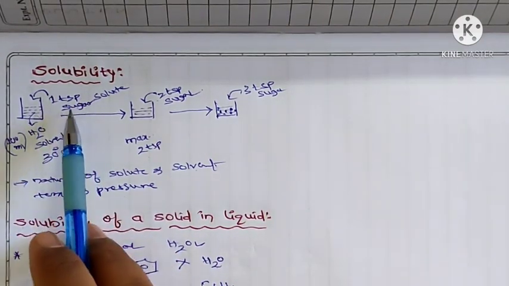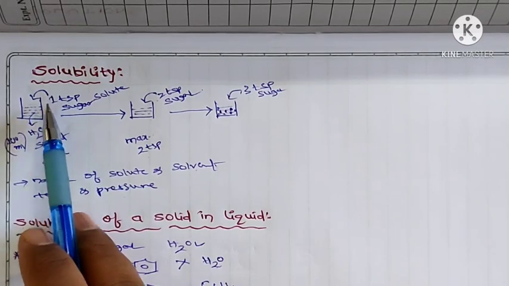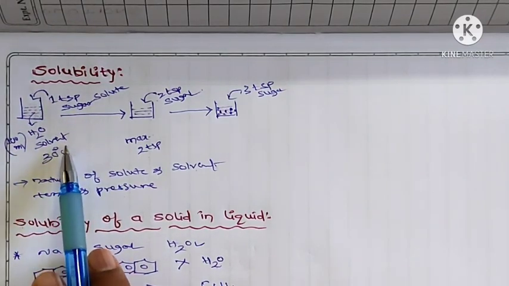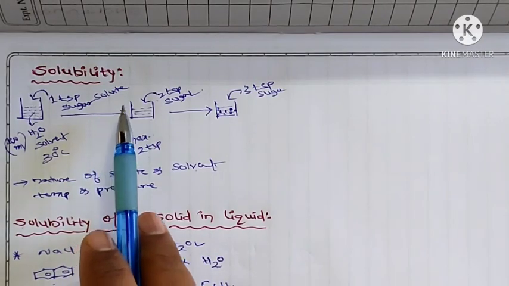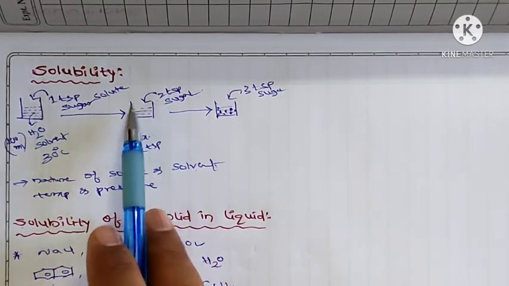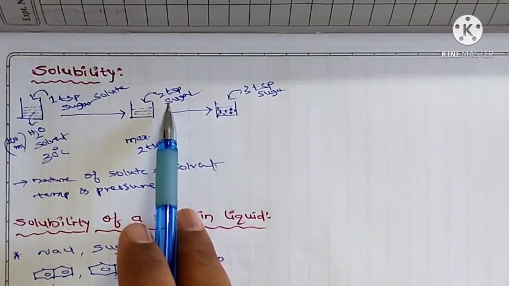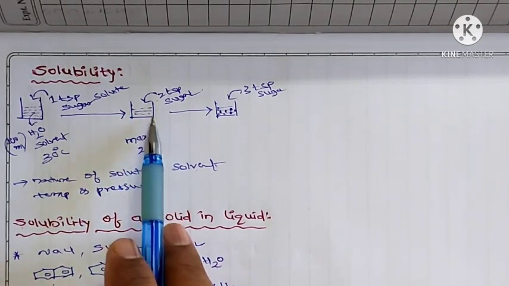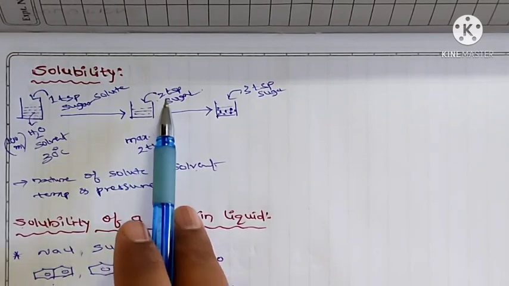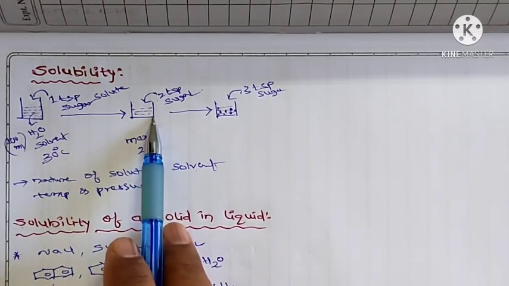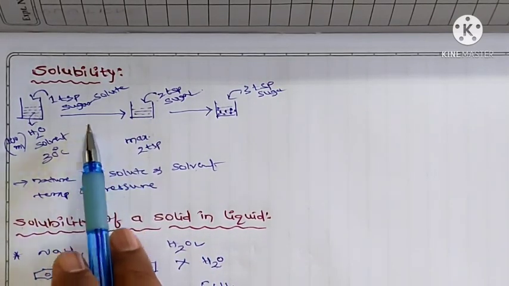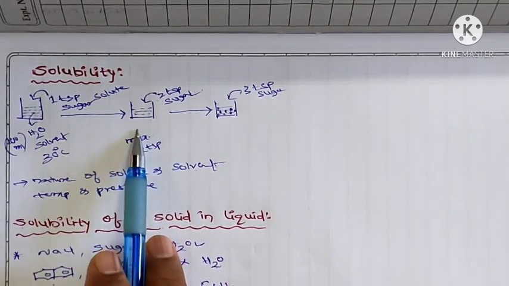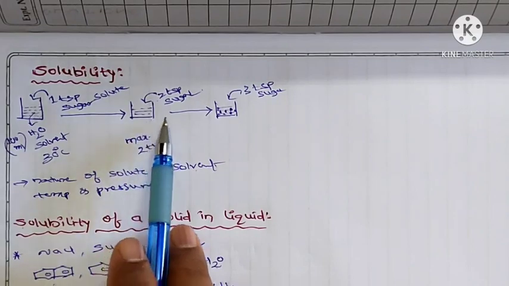See here, at the same temperature and pressure, first I add 1 teaspoon of sugar. Then I add 1 more teaspoon of sugar, and that second teaspoon also can be dissolved in the water. So a solution in which more solute can be dissolved at the same temperature and pressure is called an unsaturated solution.